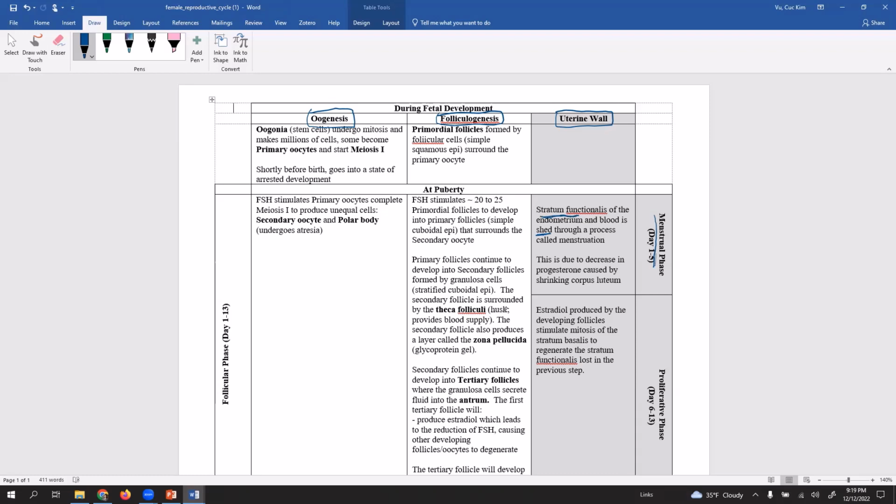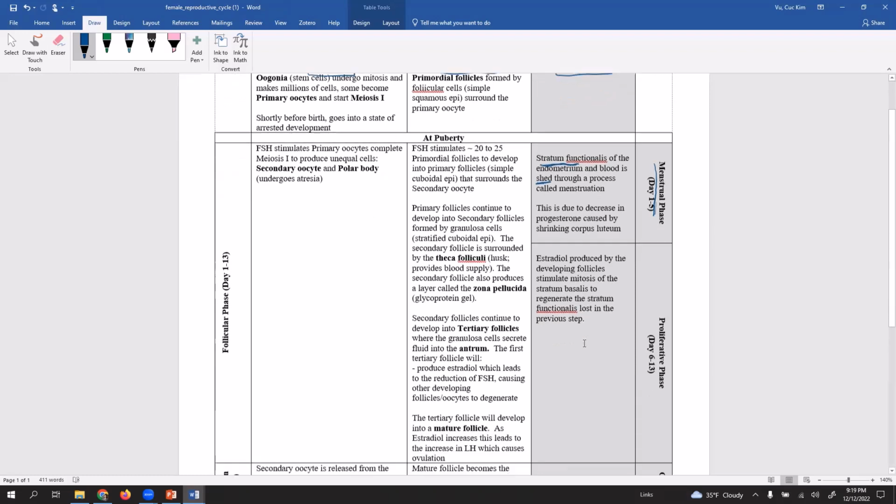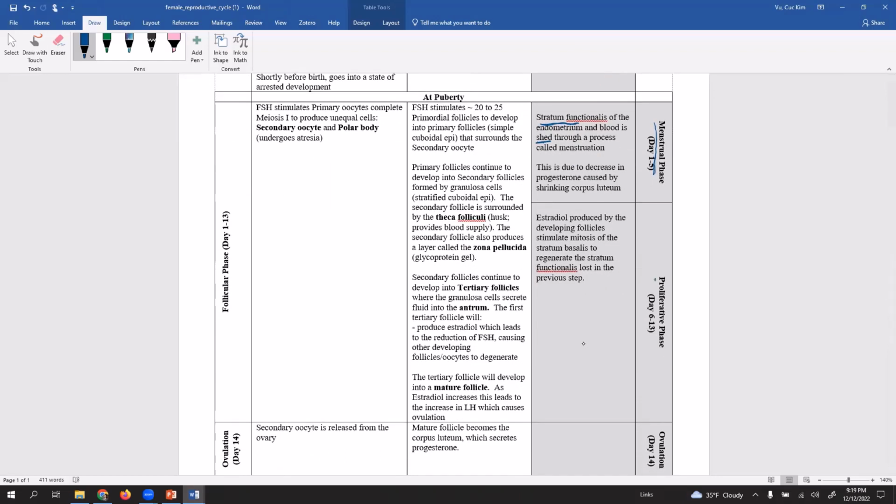Okay. Then in the proliferative phase, that's when the body is getting ready. The uterus is assuming each month that there could be a potential zygote that's going to attach to its lining, and it has to develop it, right? So it's preparing each month for this process.